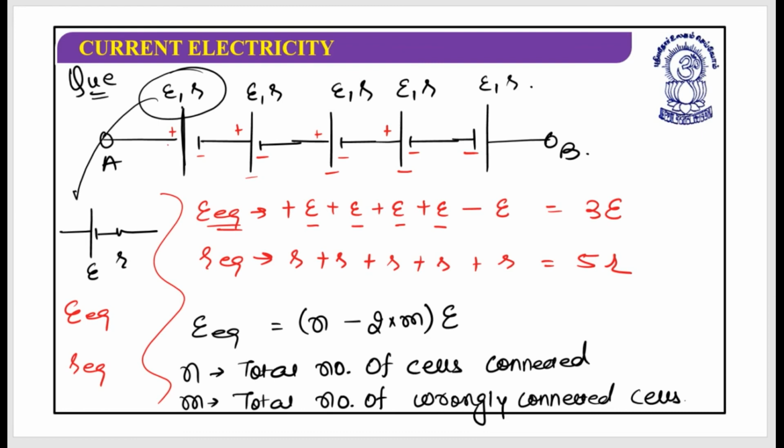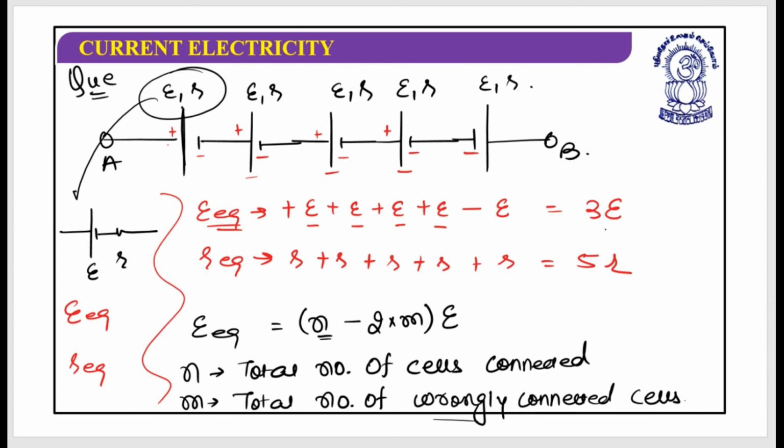While I am talking about wrongly connected cells, it means their polarity has been reversed.